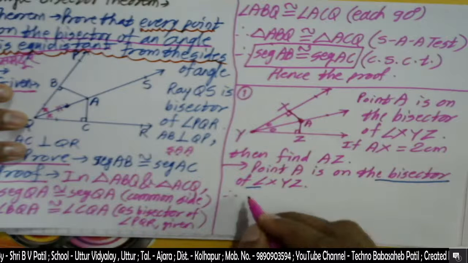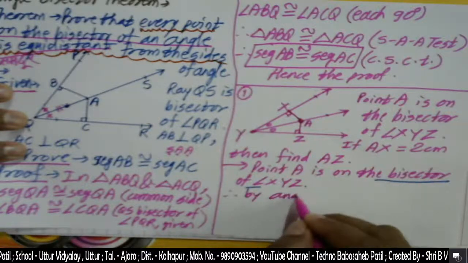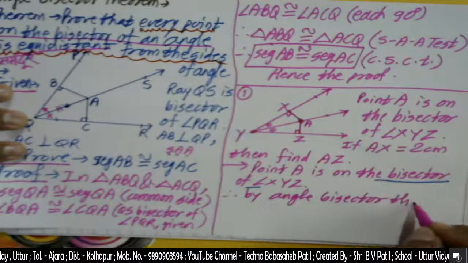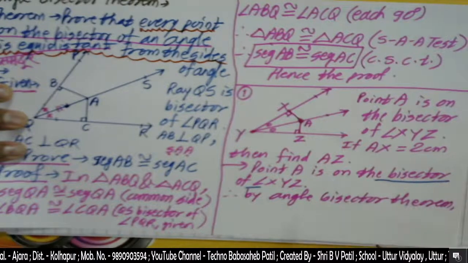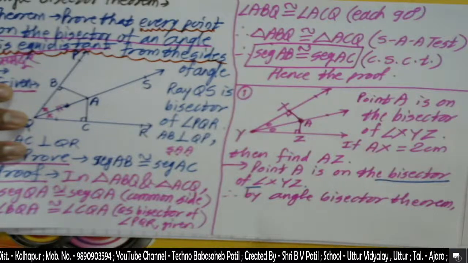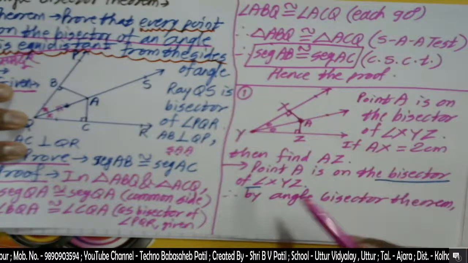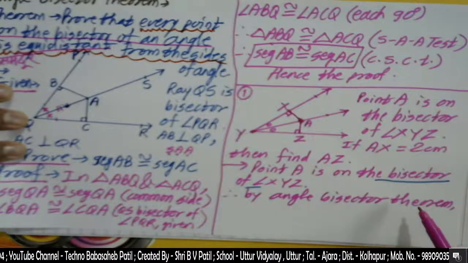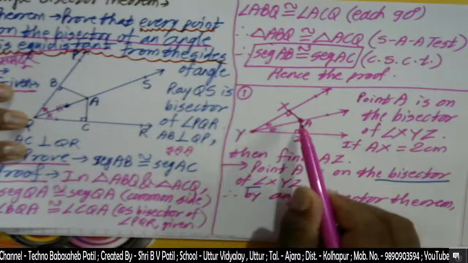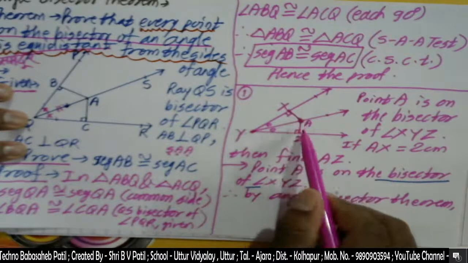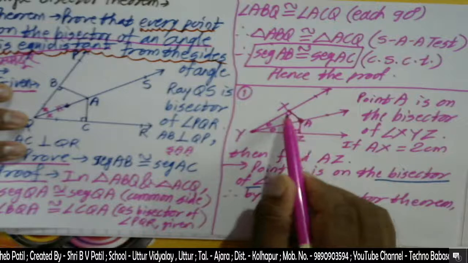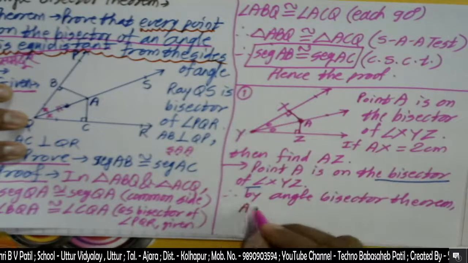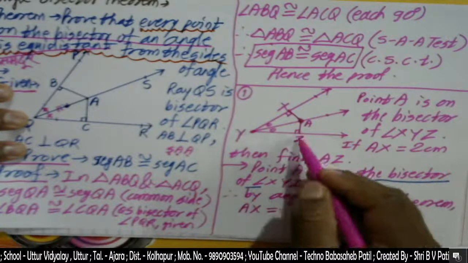Therefore, by angle bisector theorem, that point is equidistant from sides, means this distance is equal, means AX is equal to AZ.